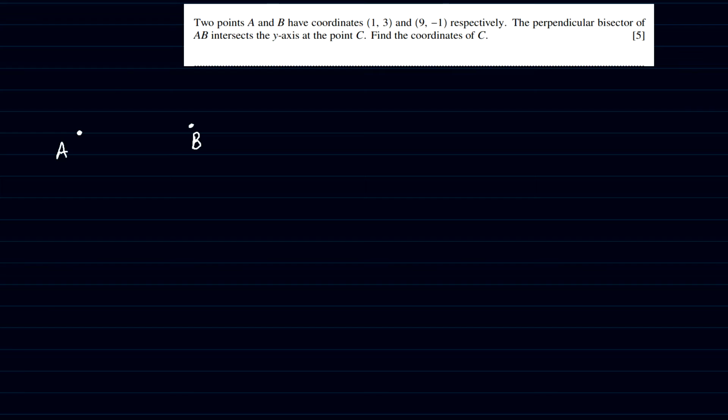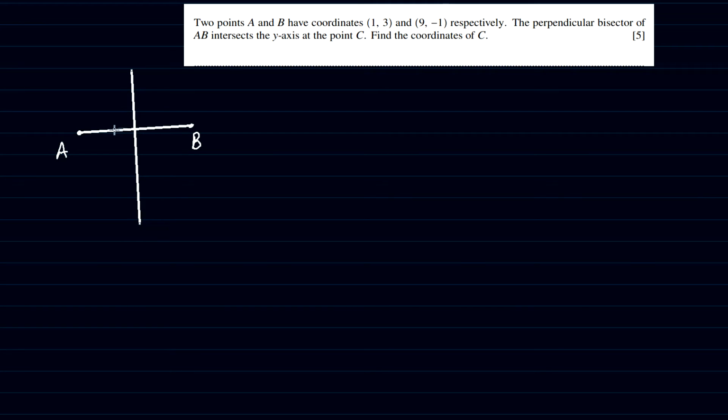I'm going to draw a line that joins the 2 points. But they say that the perpendicular bisector of AB intersects the y-axis at C. So I'm going to draw a line that's going to represent the perpendicular bisector of AB. So it can be this line.